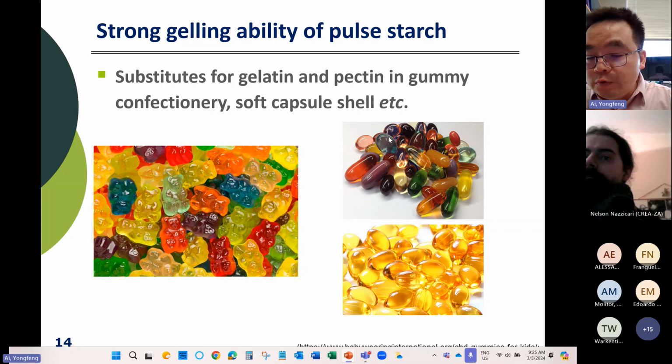Actually, they can use it to prepare softer capsule shells, as you can see here. So they can be used to replace gelatin, because this can be a good option for vegetarians. And also sometimes pectin is more expensive. So the chemically modified pea and other pulse starches can be a good replacement for both of the two ingredients.